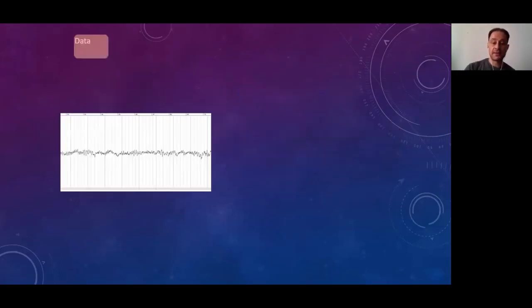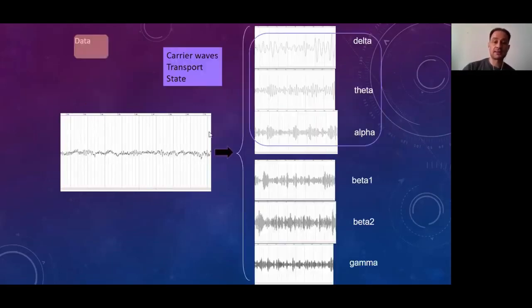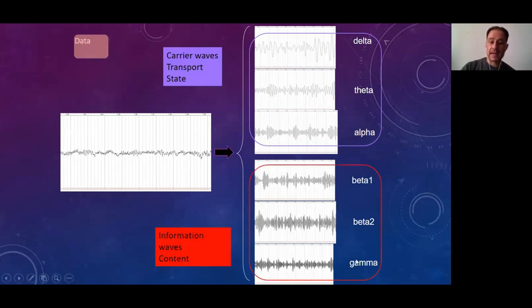So to understand that, we need to understand that the slow brain waves, delta, theta, and alpha, are carrier waves or transport waves. So they're going to carry or transport something, okay? And the fast frequencies, beta and gamma, are your content and information waves.